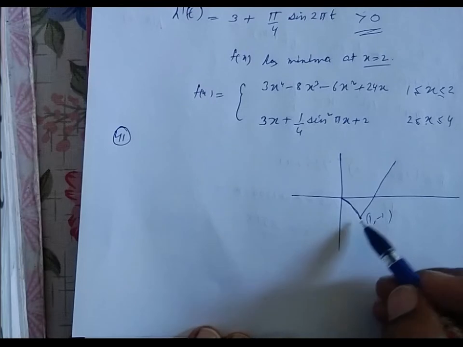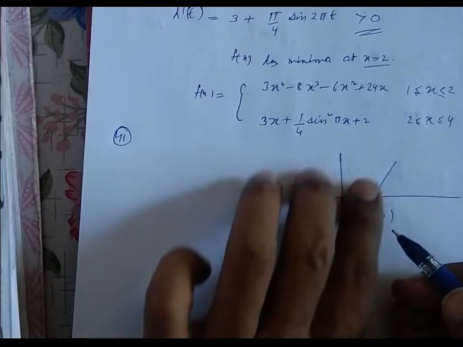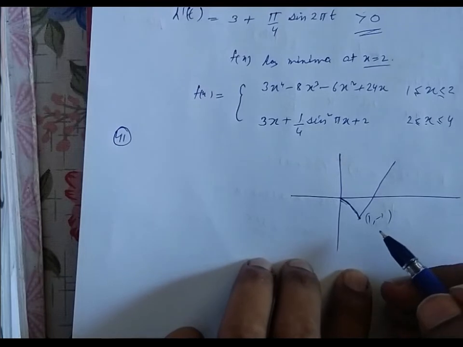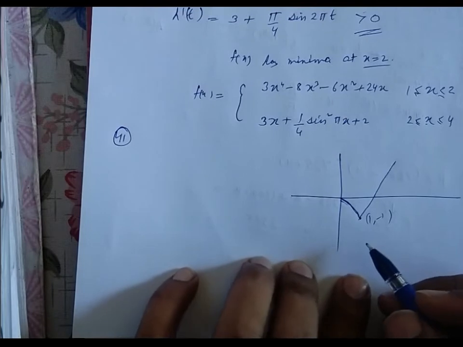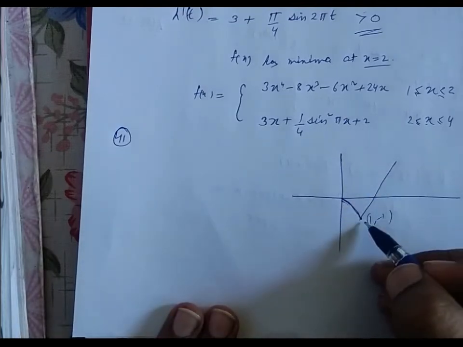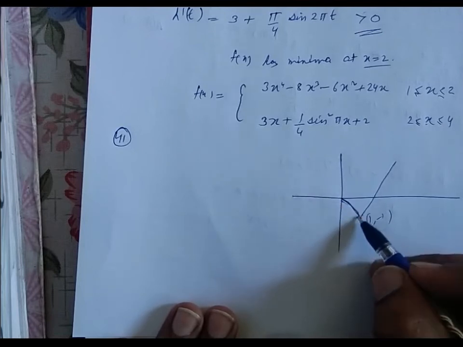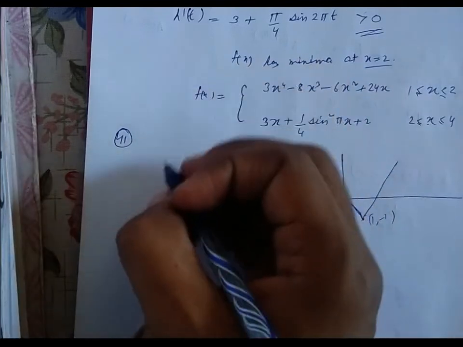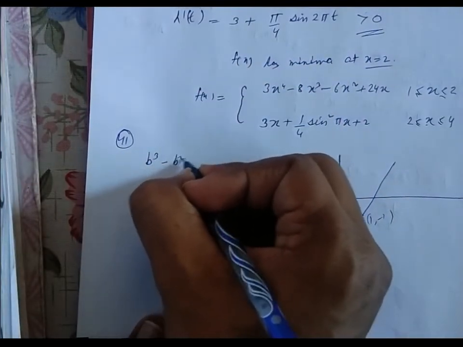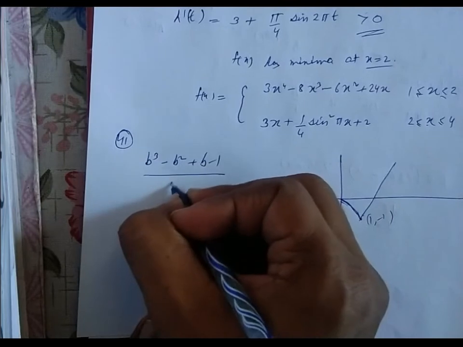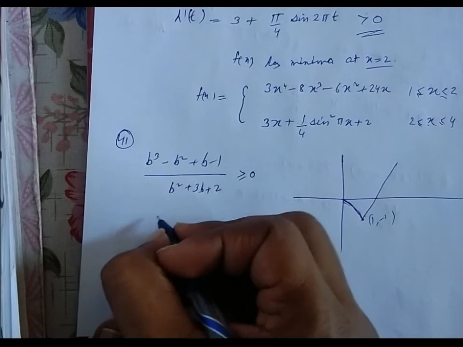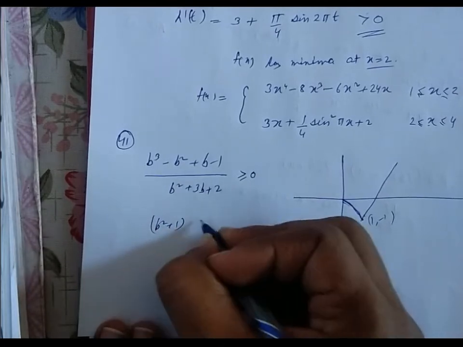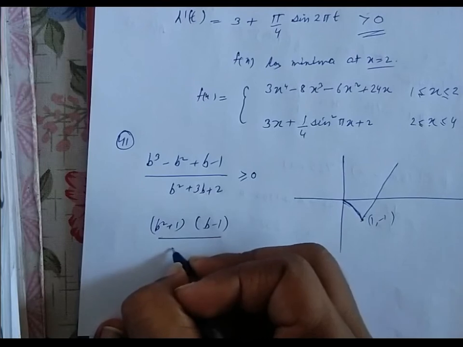And something is added in this graph, so this graph will move upside or downside depending upon whether the added value is positive or negative. So this graph will attain its minimum value at x is equal to 1 only if this graph moves upwards. Hence b cube minus b square plus b minus 1 upon b square plus 3b plus 2 has to be greater than or equal to 0, which can be solved using Wavy curve method.